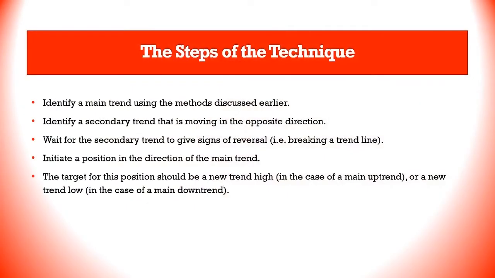So when the secondary trend is falling, I look and see if there's a trend line that I can draw above the falling secondary trend, or if there are moving averages, especially my own favorite, the 35 and the 49, that can tell me anything about this trend. Still weak, still going down, or the price is getting above the moving averages, in which case it means that it may be time for the main trend to resume.